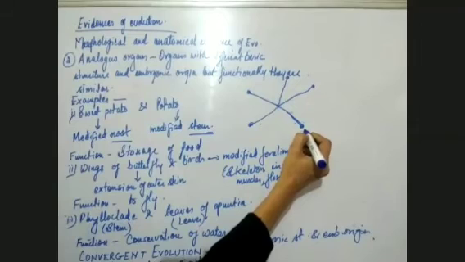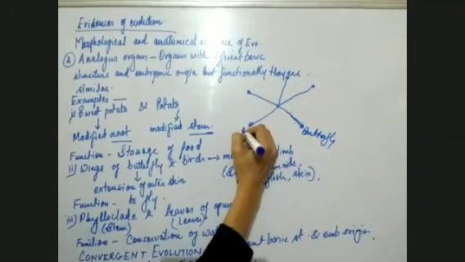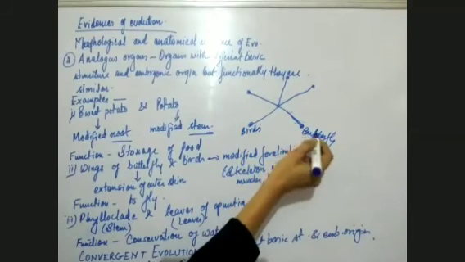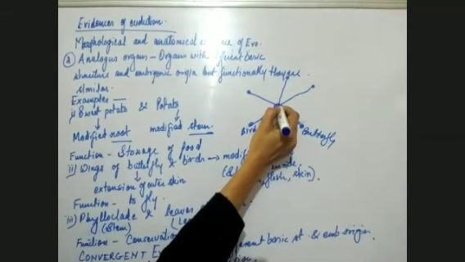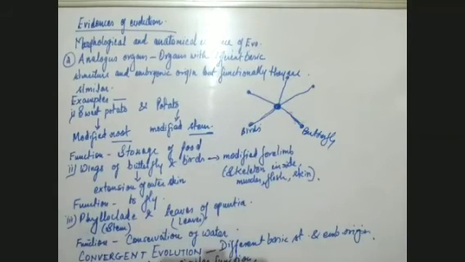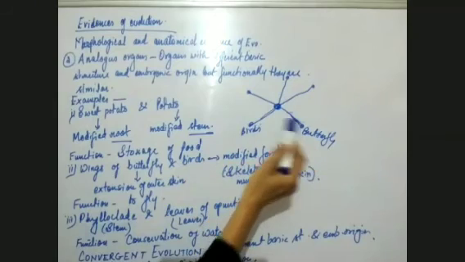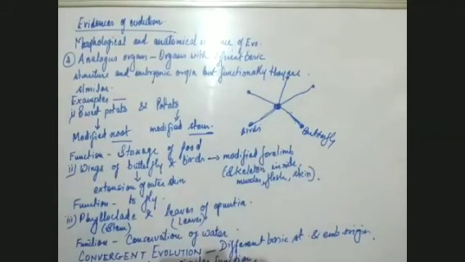In case of birds, the embryonic origin was forelimb, and in butterfly it was just an extension of the skin. So they all adapted themselves to perform a similar function. So this is an example of convergent evolution, because different basic structures and different embryonic origins converged at one point to perform a similar function.